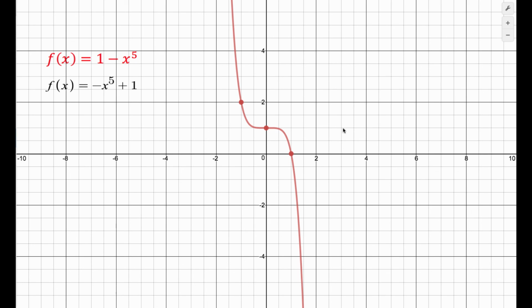You're going to be looking at doing some graphs using transformations for x to the fifth power functions, and then also for x to the fourth power functions. So remember that we treat any x to an odd power like a cubic, and any x to an even power like a quadratic, like a parabola. Alright, so good luck, and I will see you guys tomorrow.